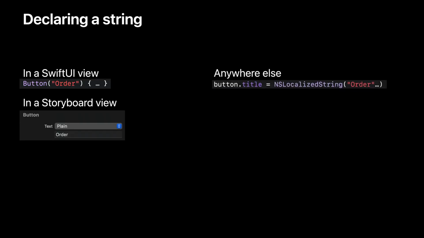The second type of strings is more general and can be found in model code in SwiftUI, but also in AppKit or UIKit. You might need to store a string in a variable or return it from a function. In all these cases, you can use NSLocalizedString. New in iOS 15 and macOS Monterey, you can use our refined method for Swift, String.localized.